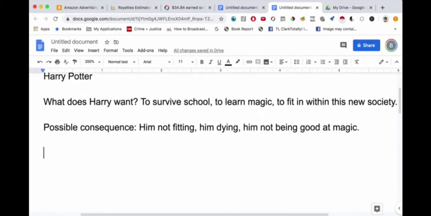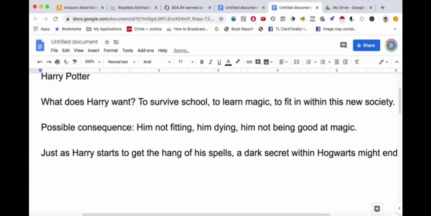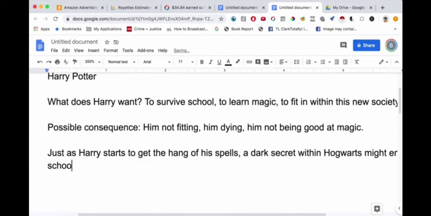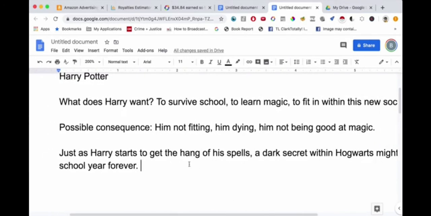So, if we were going to make a cliffhanger here, we would say something like, just as Harry starts to get the hang of his spells, a dark secret within Hogwarts might end his school year forever.